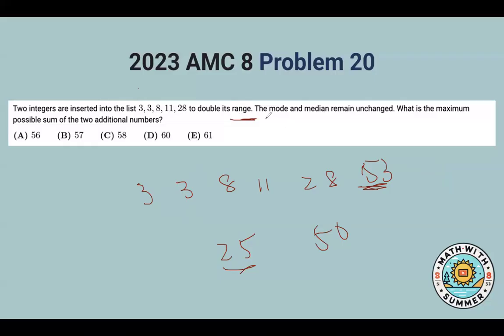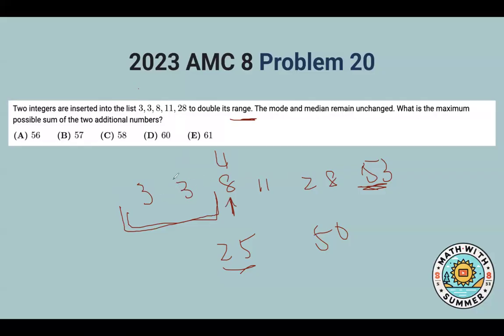And now we want to keep the mode and median unchanged, right? So we want to add a number on this end of the list in order to keep 8, the middle number, as the fourth number. And we know that if we add something less than 3, that would automatically make the range too big. It would make it bigger than 50, which is what we want to maintain. So we need to add something between 3 and 8.